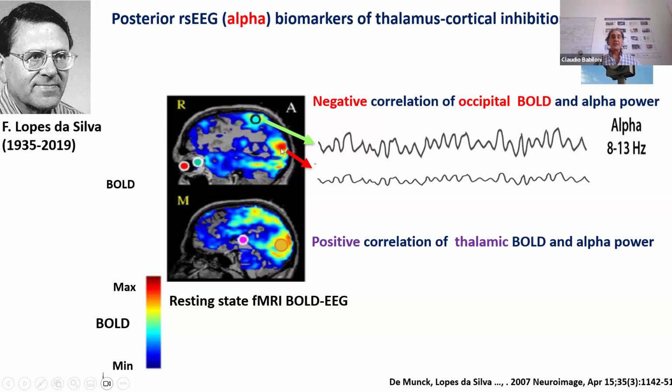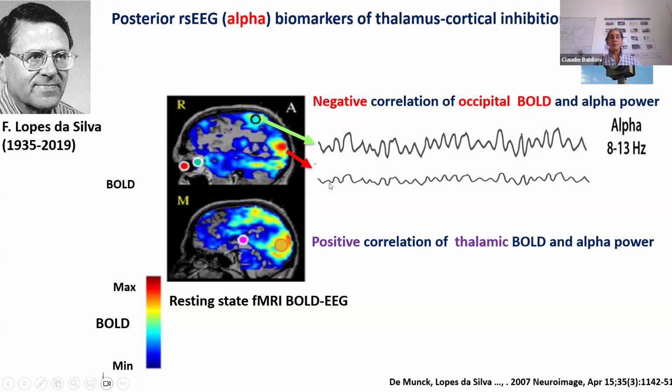And so you see that there is, in this case, a high bold signal in parieto-occipital cortical areas, which is related to flat EEG activity, low alpha rhythms from 8 to 13 Hz.